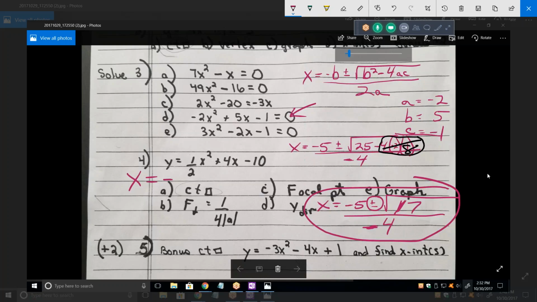So the first one is -5. -5 and +4? Not, you got to put the whole thing out there. I'm not sure where you're getting this four. That's just the denominator. Okay. That's one x-intercept.